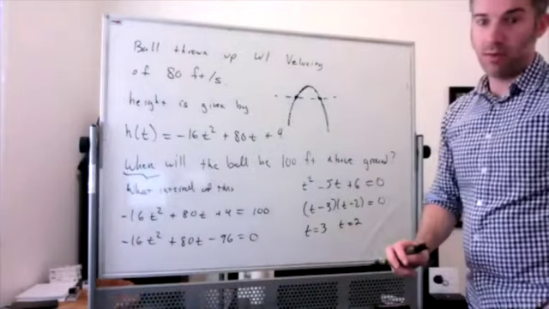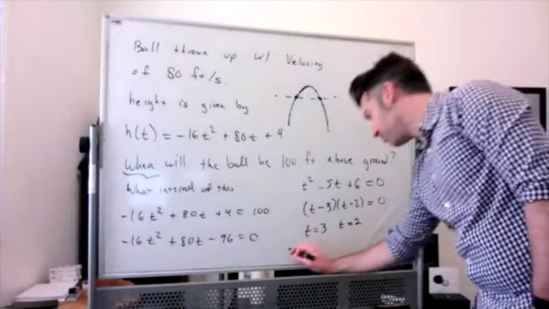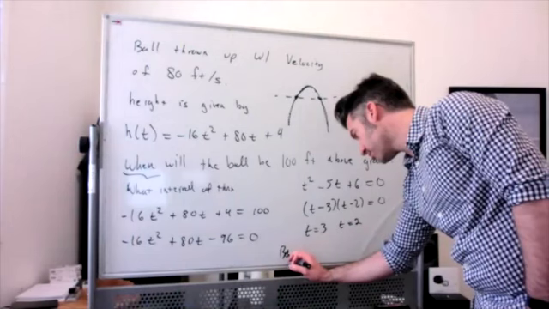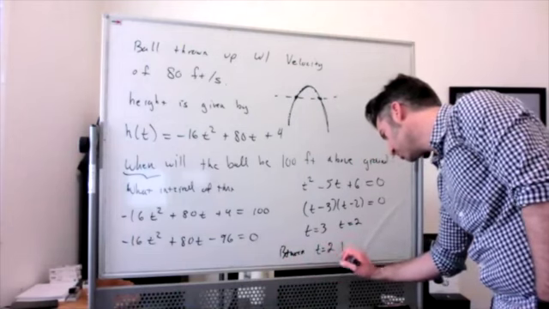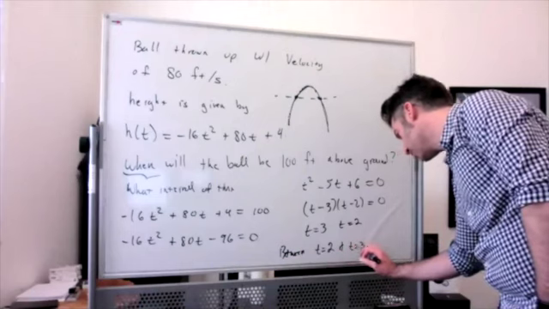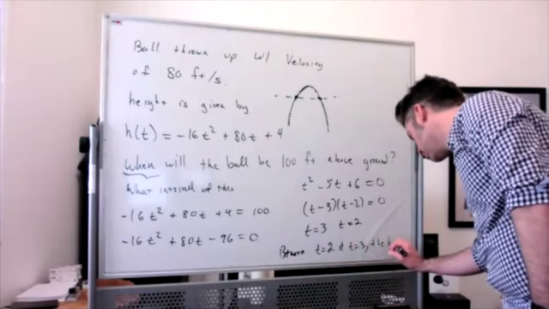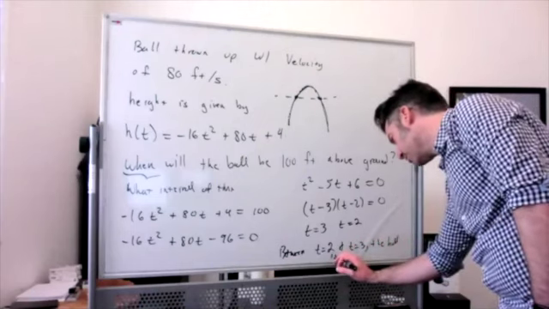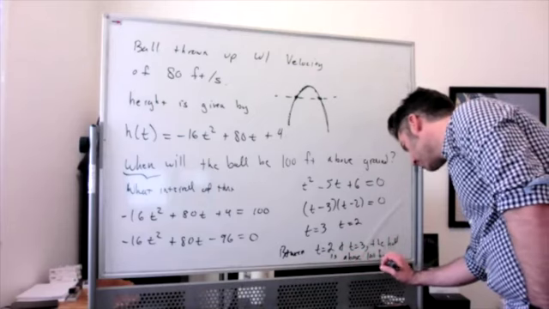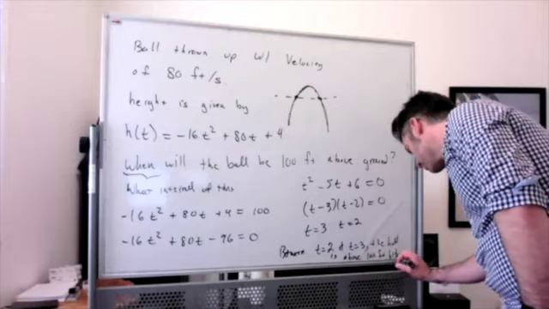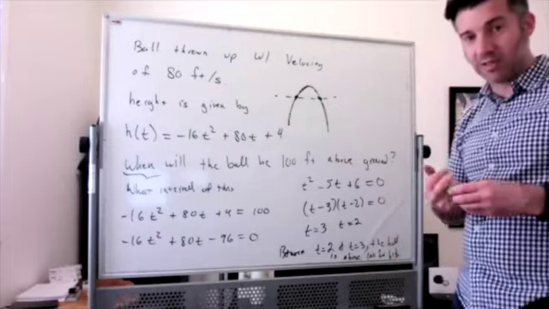So we can say that between t equals 2 and t equals 3, the ball is above 100 feet high. I know that was a little rushed.